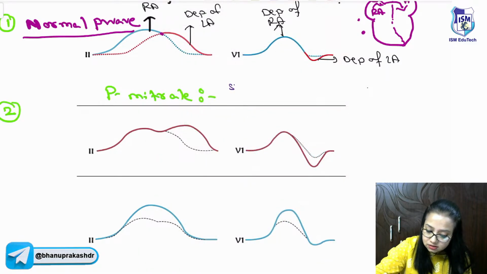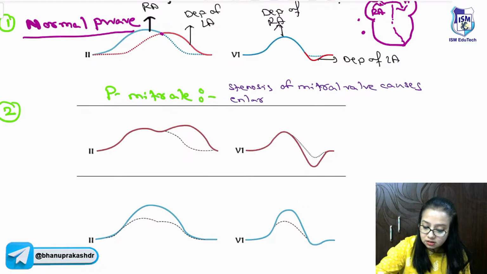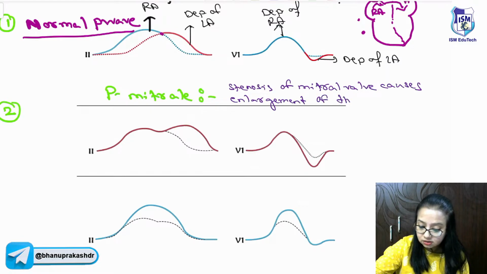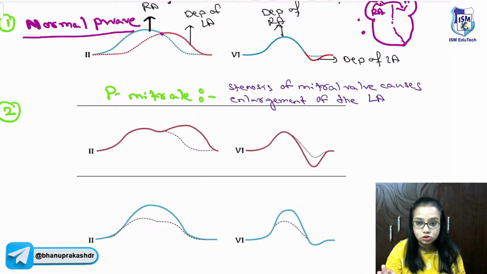Stenosis of the mitral valve causes enlargement of the left atrium. The mitral valve is present on the left side of the heart. It causes stenosis, blockage, a narrowing down. Usually it's a congenital disorder. This narrowing causes enlargement of the left atrium.